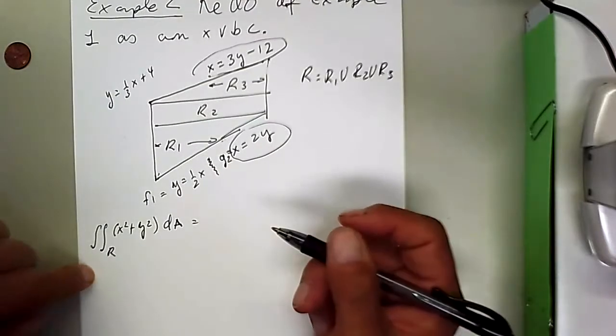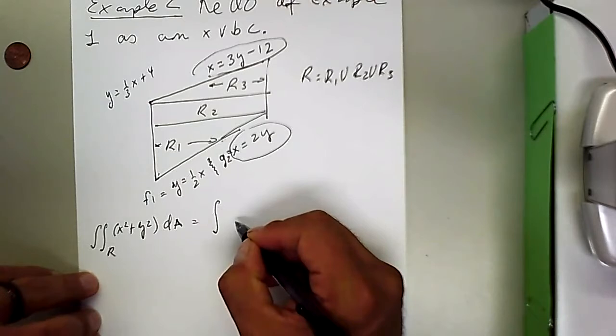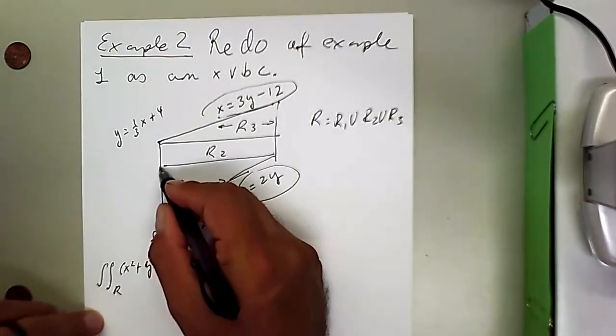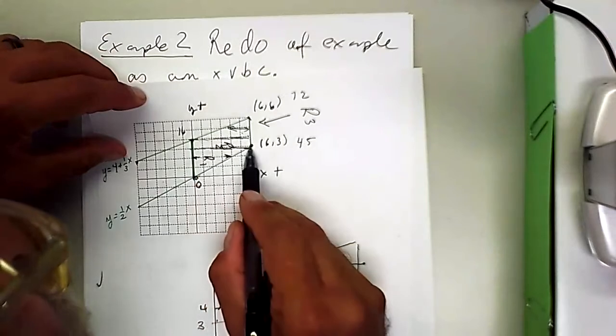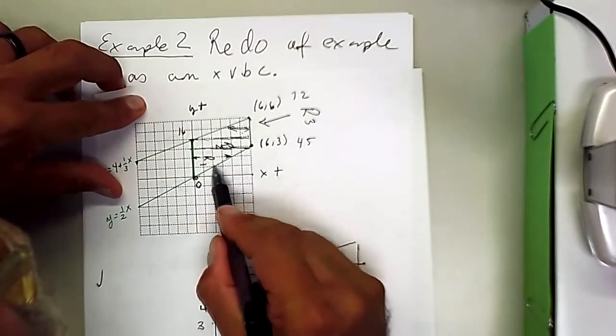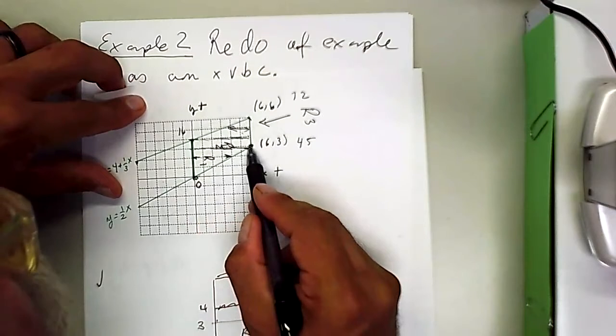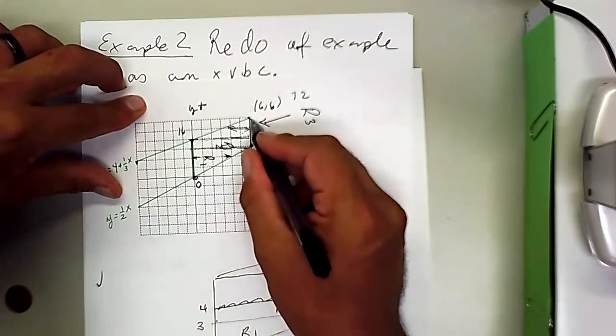We're going to break this up into three integrals. The first integral is going to go from 0 to 3. And I'm basing that on this picture, 0 to 3. That's where this point is. That's where this boundary stops being a boundary, and then we transition into this boundary instead.